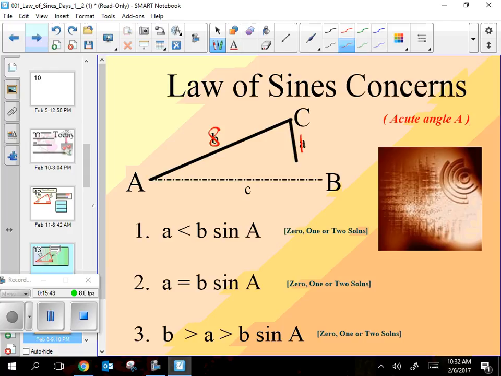And let's say that I said this was 30 degrees. I want to know, is it possible that I set up an impossible triangle? Is it possible that this is just too short to touch?